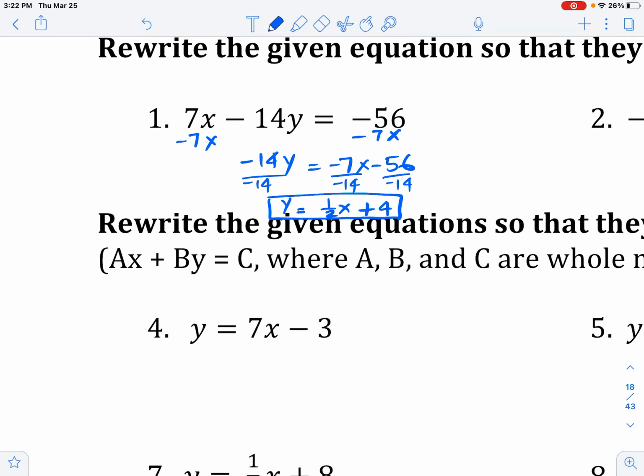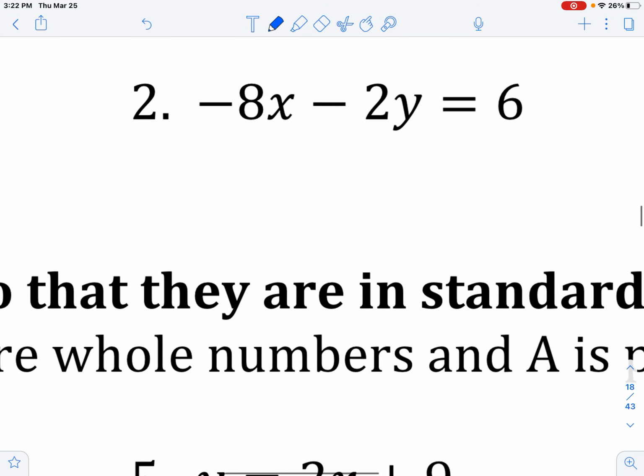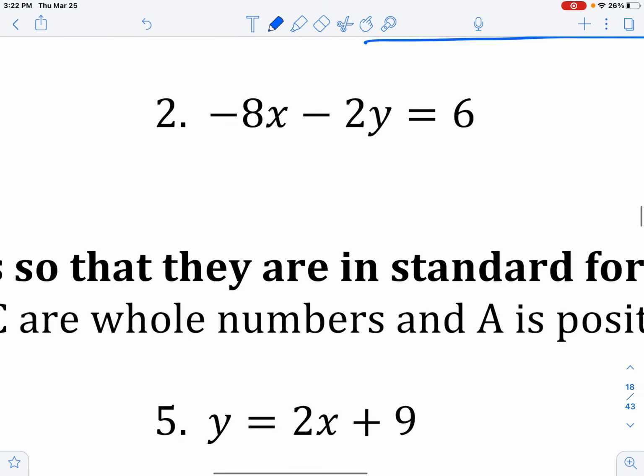Let's move to question number 2. If I have to change this into slope-intercept form, again, our goal is to isolate y. So I have to keep that alone here and get rid of anything else. I start by getting rid of this x term. I added x, I did the reverse operation, and I'm getting negative 2y is equal to... it's good to write the x term first and then the constant on the right side.